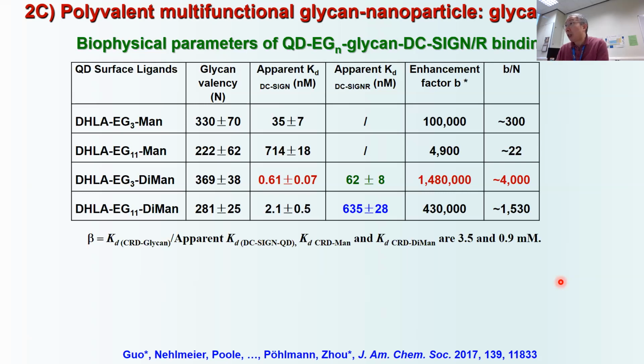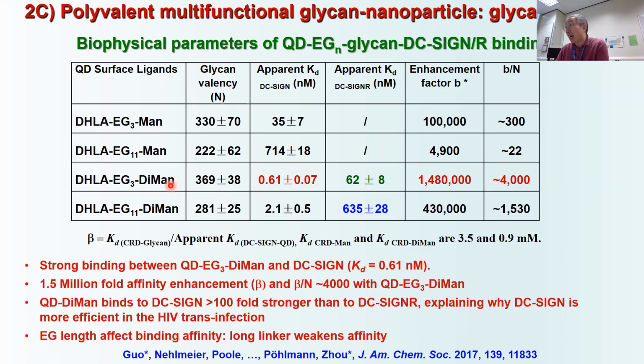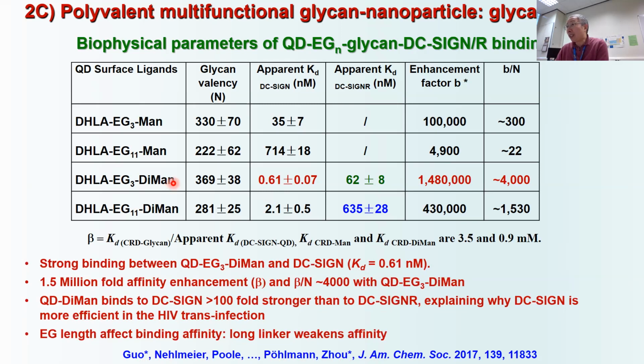Using this method, we found the binding here is quite strong. With the short linker, with the dimannose, we can achieve sub-nanomolar affinity, which is 1.5 million-fold stronger compared to monovalent binding. Even if you normalize to per-sugar terms, the enhancement is about 4,000-fold.